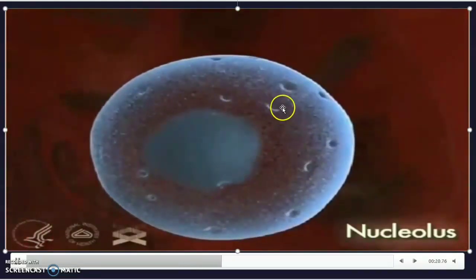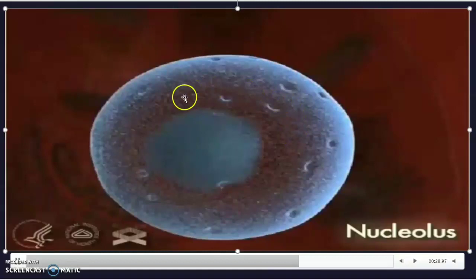You are observing the pores on the nucleus. These pores are called nuclear pores. The membrane which surrounds the nucleus is called the nuclear membrane.